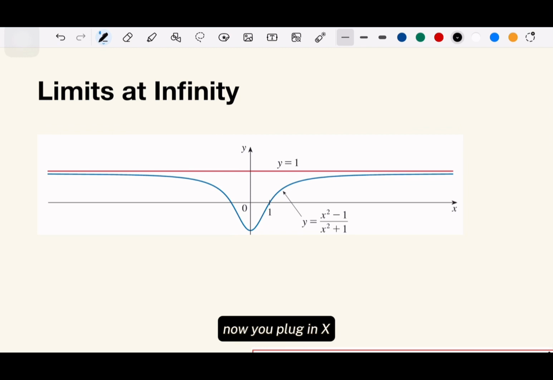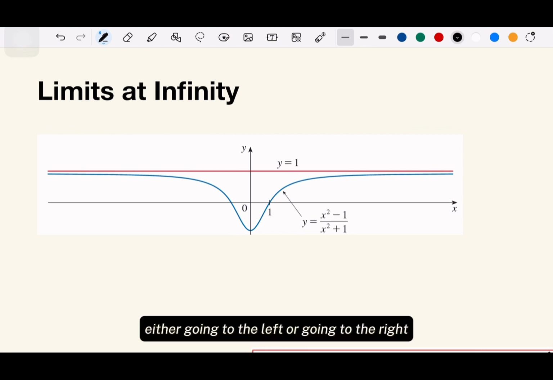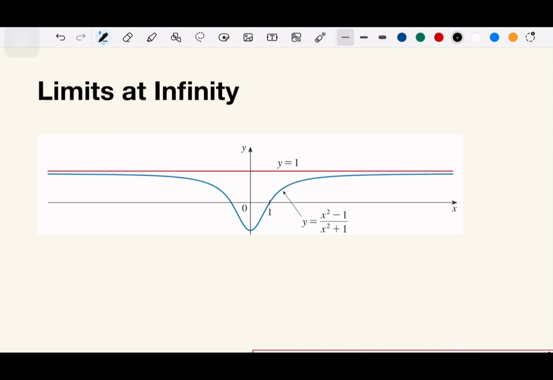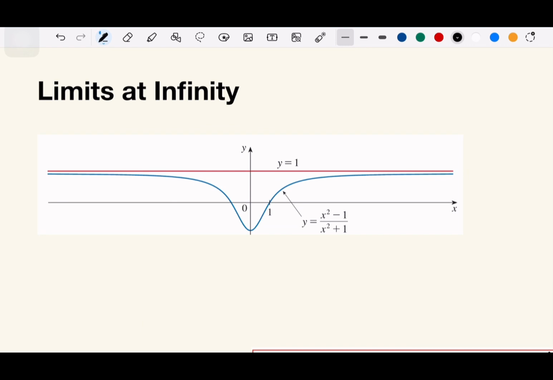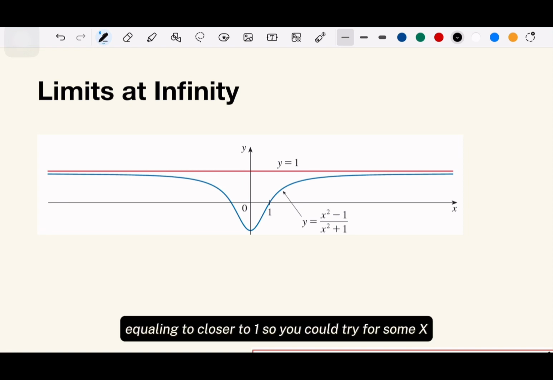Now if you plug in x, either going to the left or going to the right, you will see the number getting closer to 1.